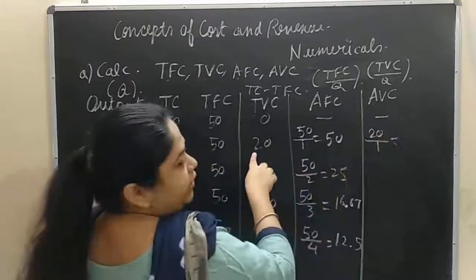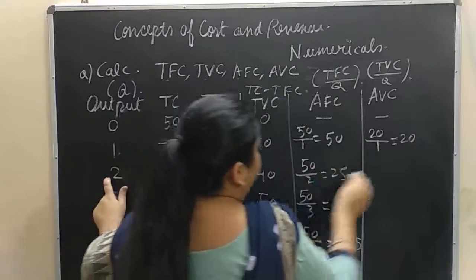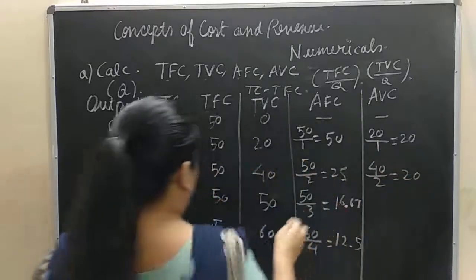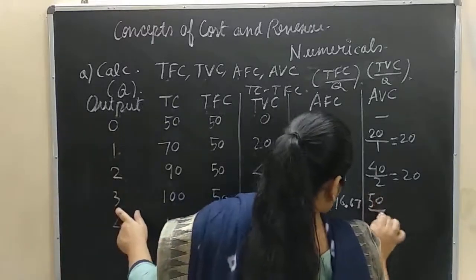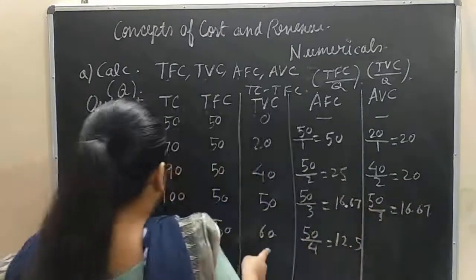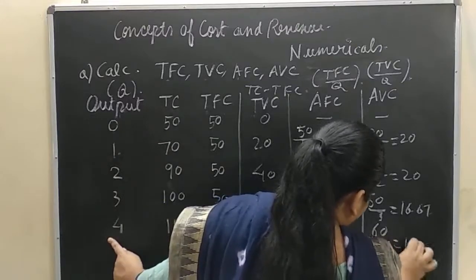We have to divide this column by this one. 40 divided by 2, 20. 50 divided by 3, 16.67, and finally 60 divided by 4 gives you 15.